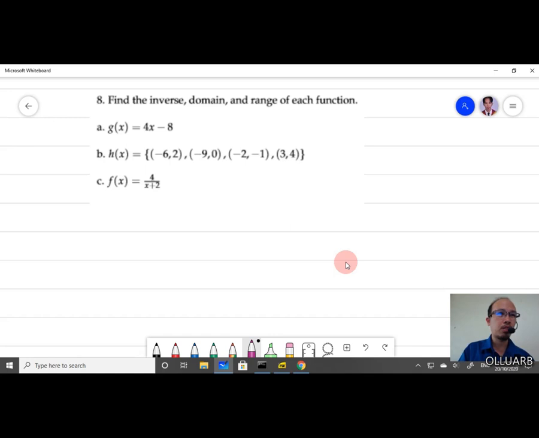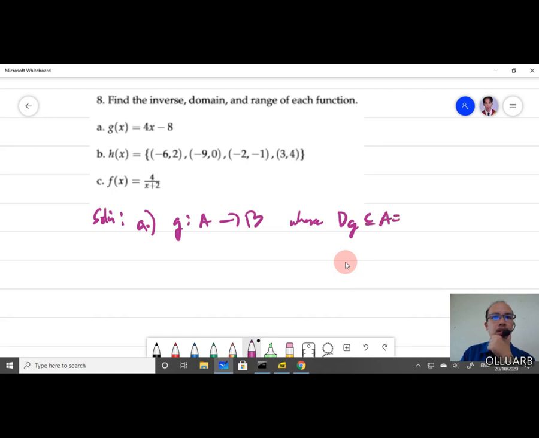So it is assumed that this is a function, since in our previous discussion, letter A, the mapping is not stated, so it is assumed that our domain here, the domain of g, is a subset of A, which is the set of real numbers, and our codomain is the set of real numbers.